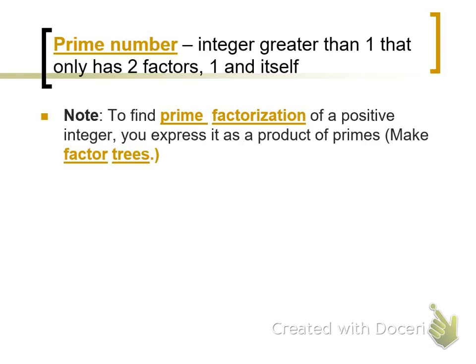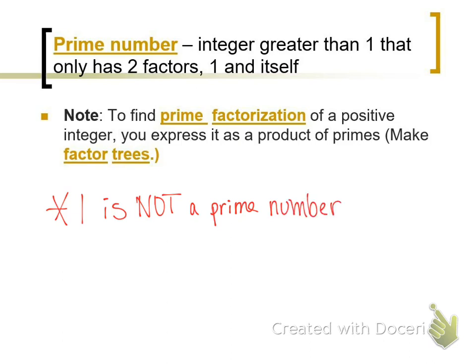In order to do that, we will make factor trees. So if you want to put a note off to the side by prime number, it's important to know 1 is not a prime number. And because of that, 1 does not go on factor trees.